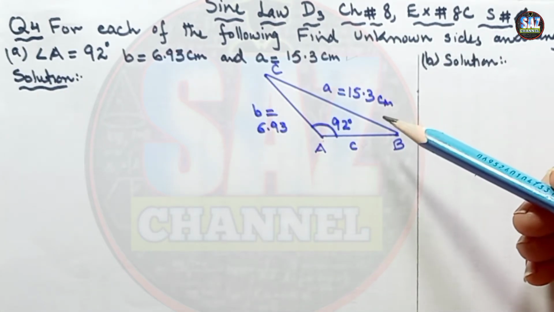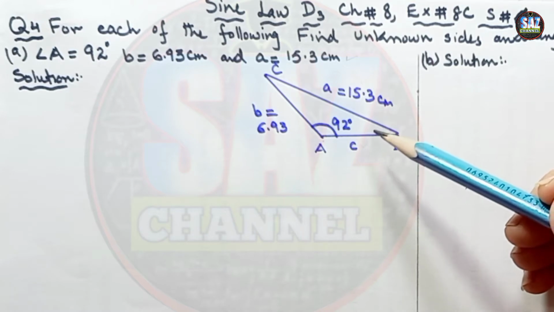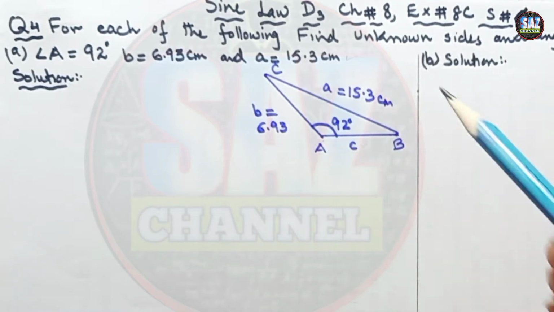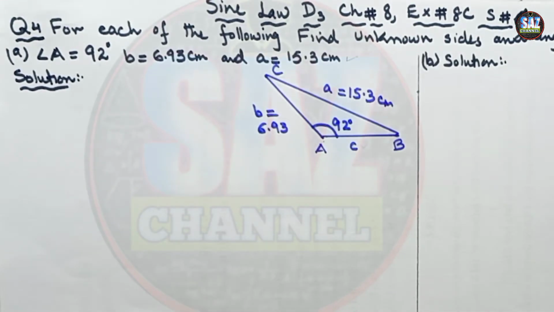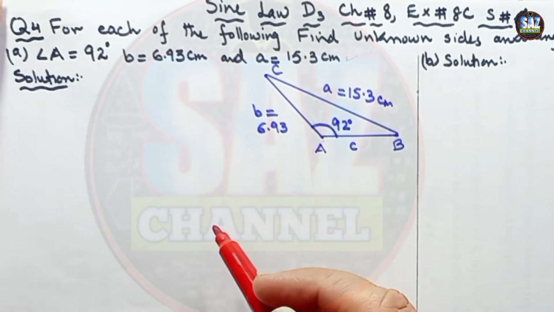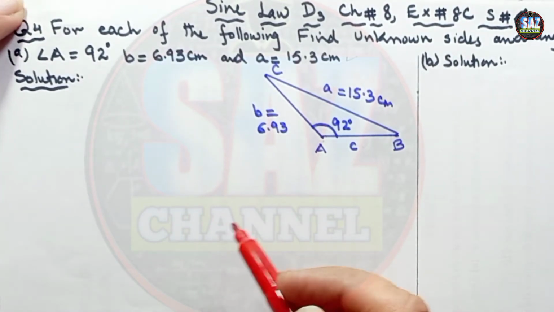Now we can see that we are given just one angle and two sides. So in order to find the unknown lengths and angles, we have to apply sine law on this triangle, because we cannot apply Pythagoras theorem or basic trigonometric ratios, as the triangle is not a right angle triangle, and sine law is convenient to apply on this type of triangle.